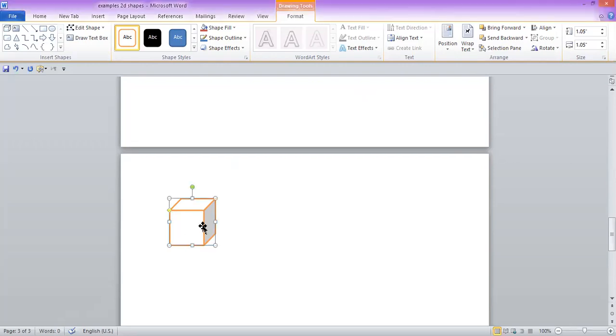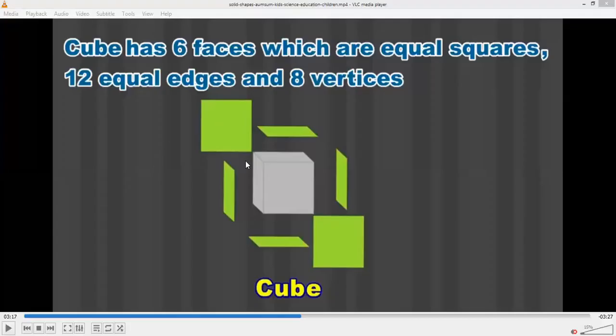This is the first one, second one, third one, fourth, fifth, and exactly opposite to that, six. Look, these are the six faces of the cube. One, two, three, four, five, and six.